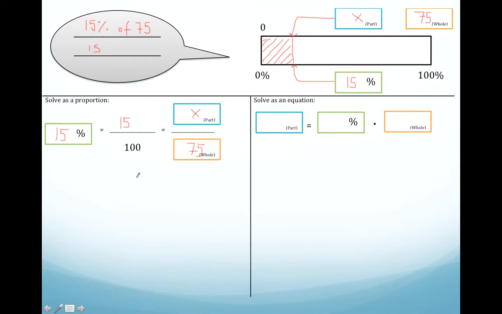To solve this, we solve it as any proportion. We'll look for the number that needs to multiply. This is times. 15 times what equals x. 100 times what equals 75.